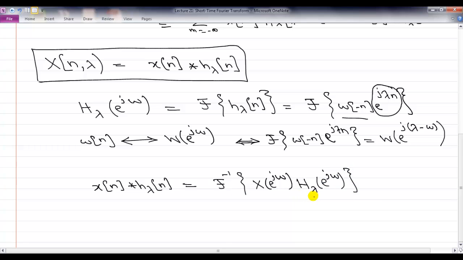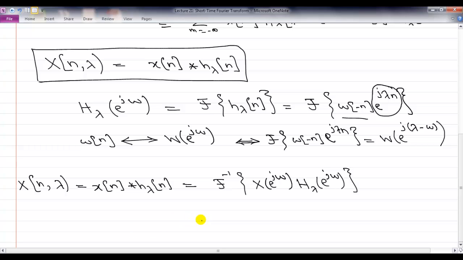If I multiply the Fourier transform of these two functions and I take the inverse Fourier transform, that should be equal to the convolution. So x of n lambda, the interpretation of that is that it's just the inverse Fourier transform of X(e^{j omega}) H lambda(e^{j omega}).